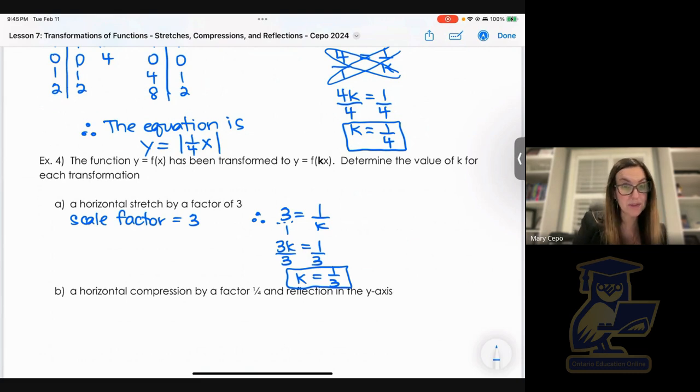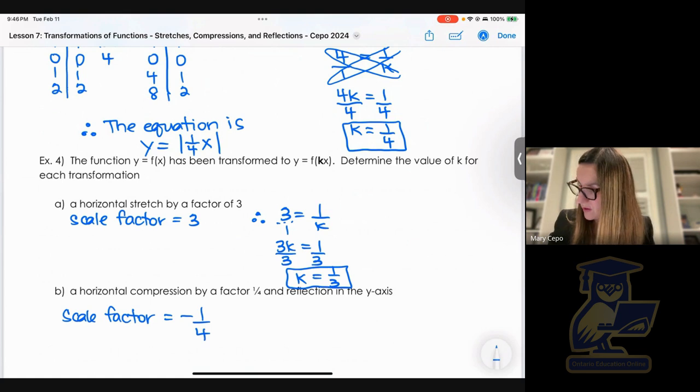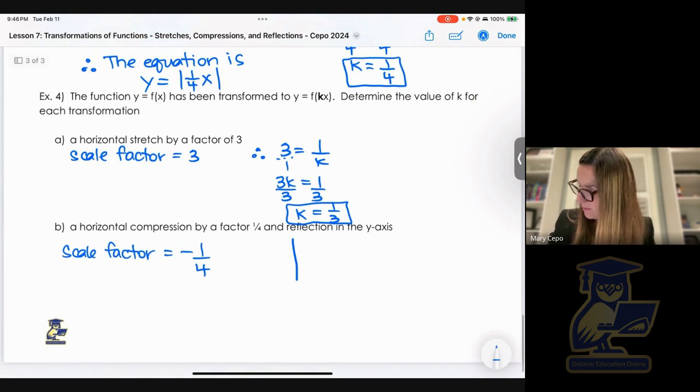Okay. What happens when we have a horizontal compression by a factor of 1 over 4 and a reflection in the y-axis? So knowing that, if there's a reflection in the y-axis, the k value has to be negative. So again, the scale factor is equal to negative 1 over 4.